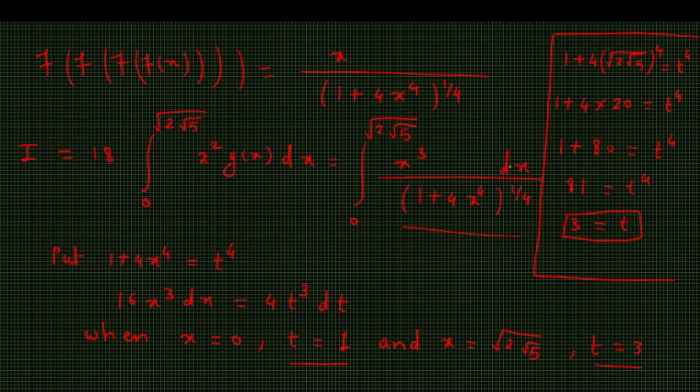So the integration varies from 1 to 3, and we have 4 by 16, and x³ dx is equal to t³ dt upon t. So the integration of t² dt will be t³ by 3, and limits are 1 and 3.